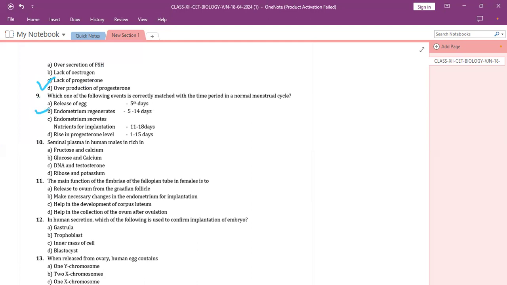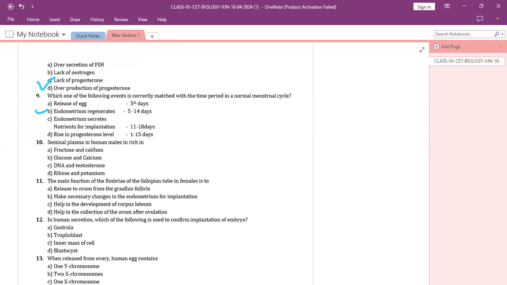The release of egg occurs on the 14th day. Endometrium secretion of nutrition for implantation is around 15 to 28 days, and the rise in progesterone level will be from the 14th day onwards. So the right option is B.